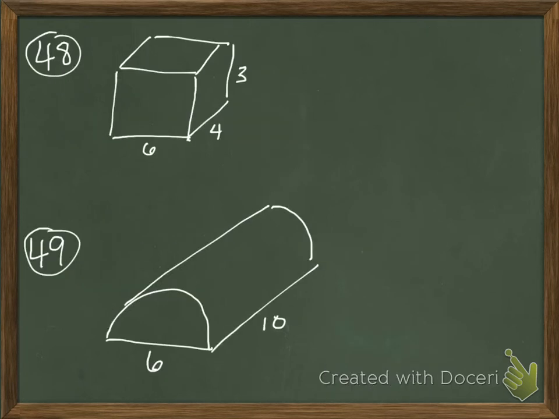Okay, moving on, 48. So 48 says to find the surface area of this figure. All right, we know the surface area formula is 2 parentheses length times the width plus the width times the height plus the length times the height. And so all we got to do is plug these things in.